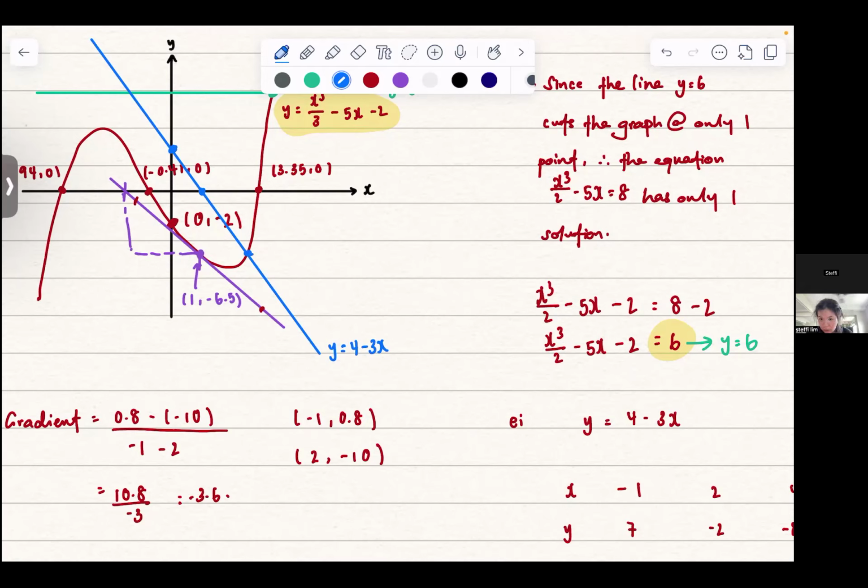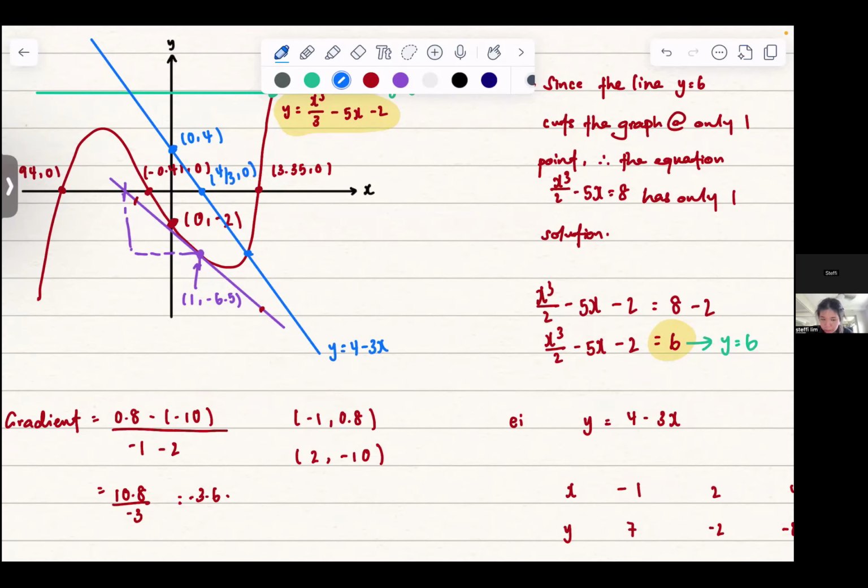Okay. This point should be 0, 4. Right? And this is 4, -8.